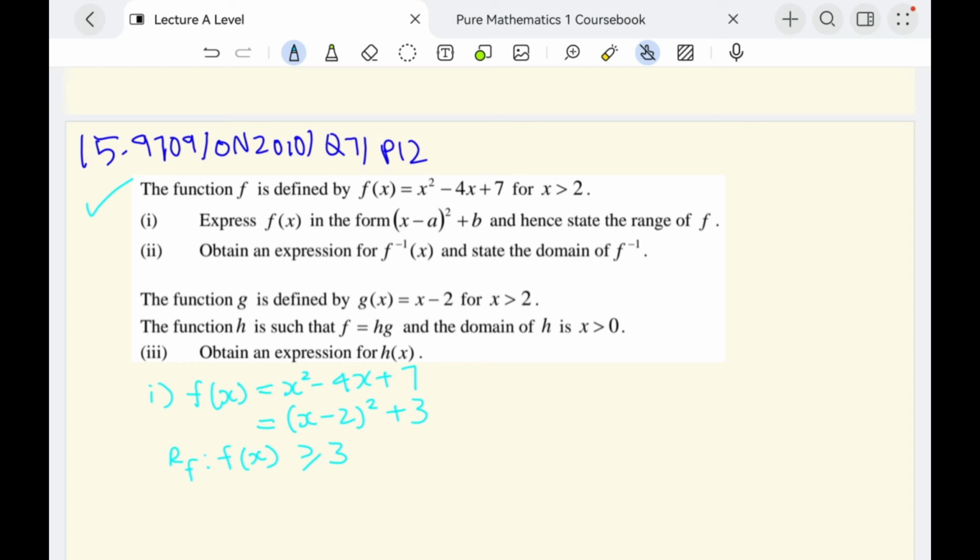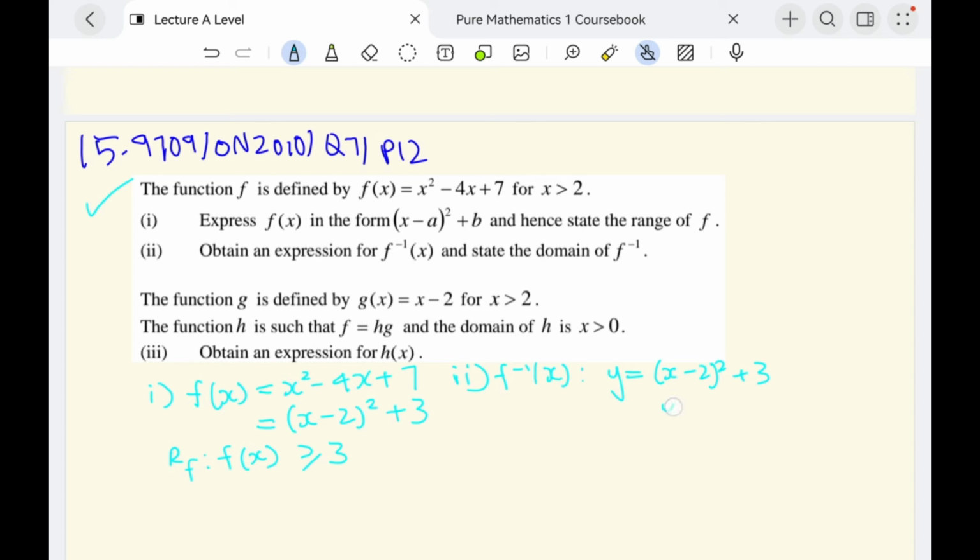All right, so let's take a look at the second question. For this part, it wants you to find the inverse function of f(x). For the inverse function, you let f(x) equals y first, and then change the subject to x in terms of y.